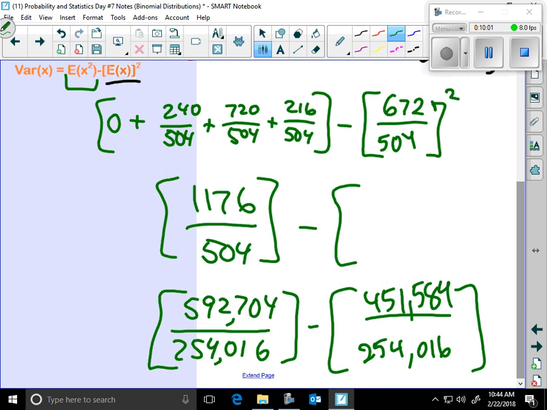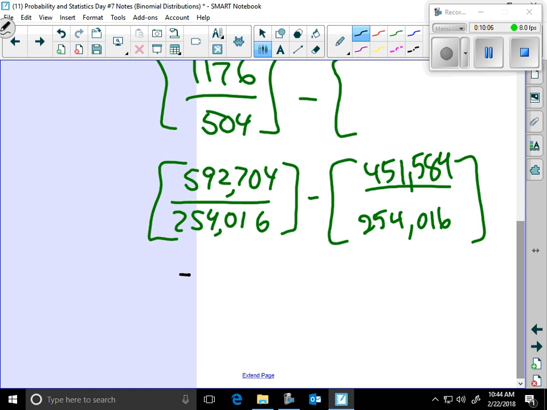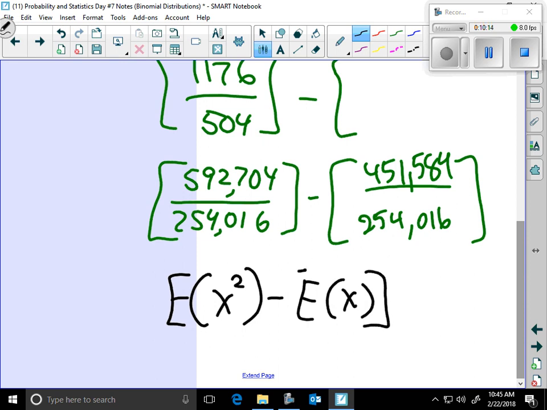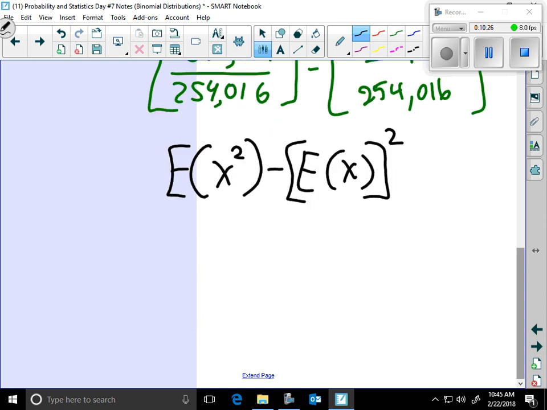Okay, so here I have, before I go any further, the expected value of X squared minus the expected value of X quantity squared. The reason that I multiplied this and this by 504 was to get a common denominator. And now I can combine them to get the variance.